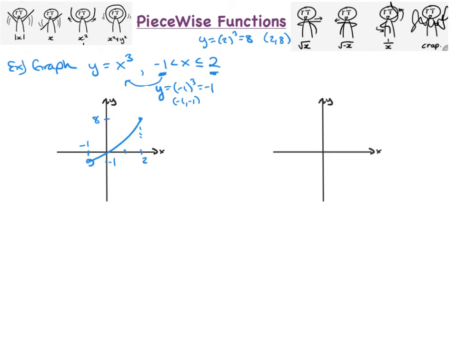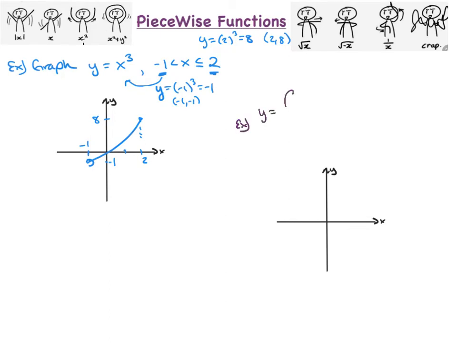Okay, so now here's one really cool thing that we can do. I'm going to move this down to give me a little bit more room here. So let's say for this example over here, I want to graph y equals the graph that we have, so x cubed between negative 1 and 2. But let's say I want to put another graph over here where I have room.